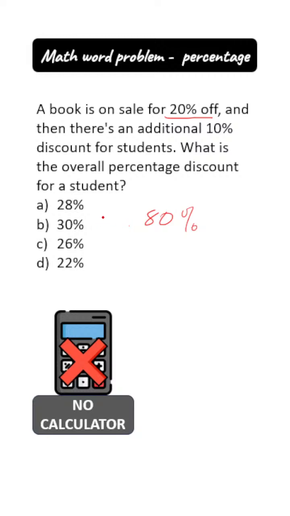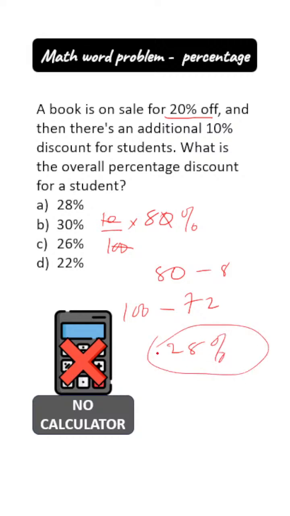So 10% of 80% will be 8. So when you have 8, now say 80 minus 8, that will give you 72. Now that you have 72, that is the amount that the student is paying, 72%. Then, when you say 100 minus 72, that's 28. That's the total discount that the students are getting.